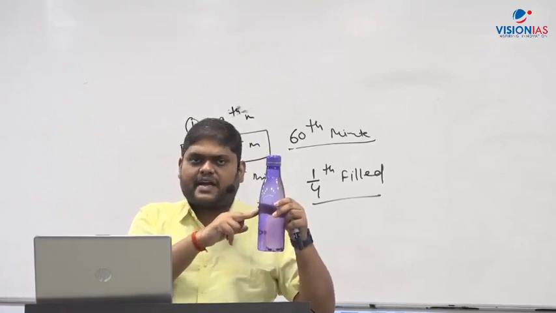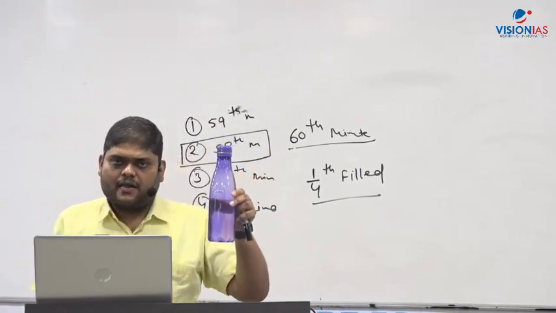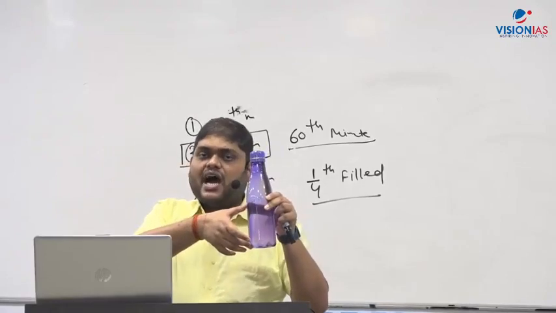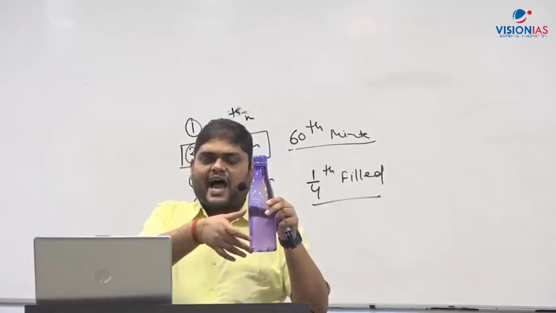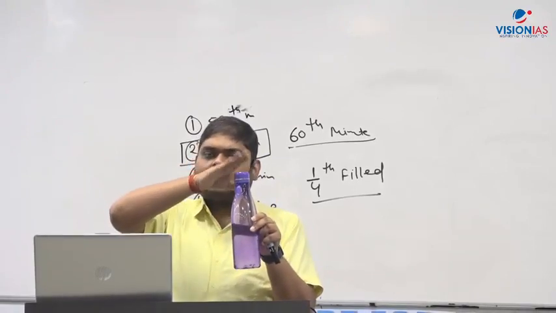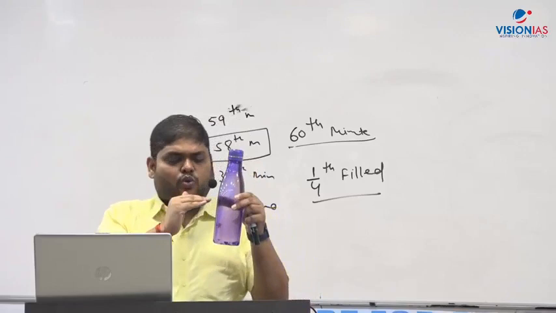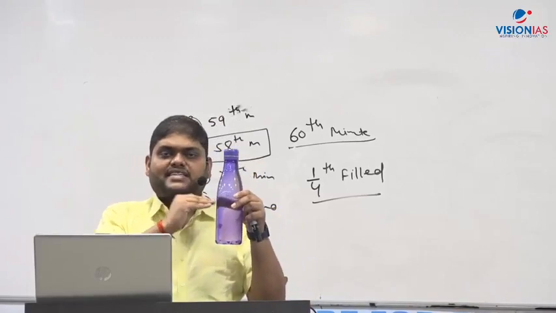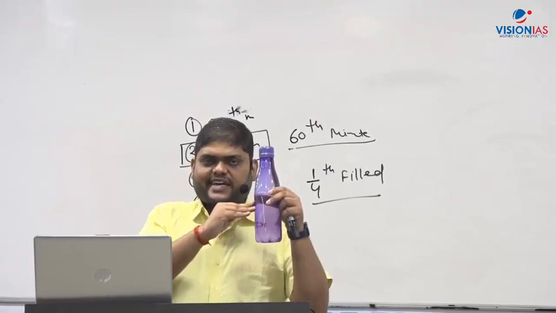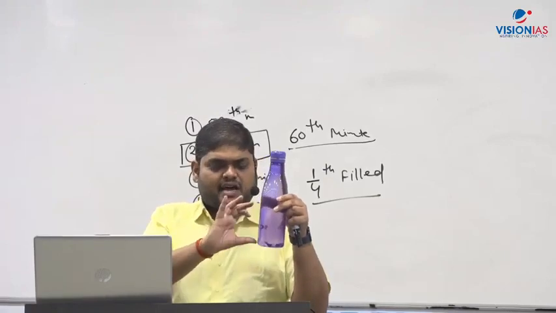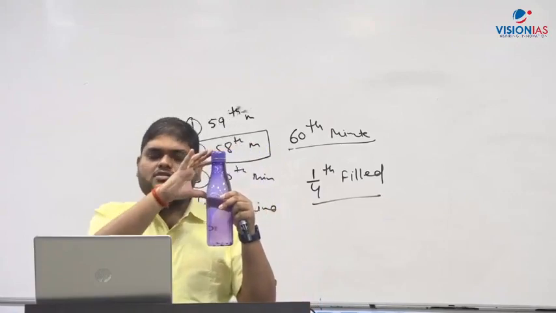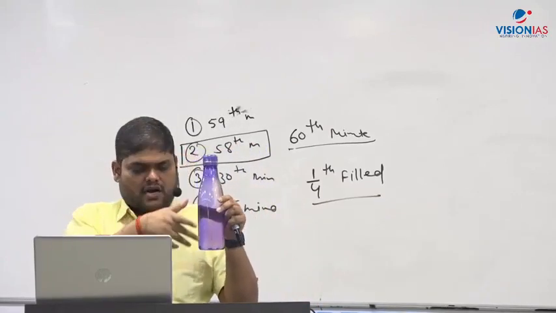I am repeating myself. Suppose this bottle is half filled at 59 minutes. Next minute, at the 60th minute, the bacteria double and it becomes full. That means just 1 minute before, the bottle was half filled. Are you getting my point?